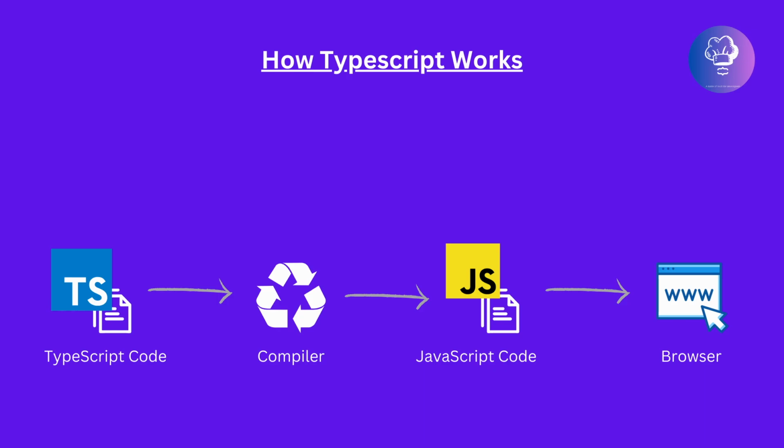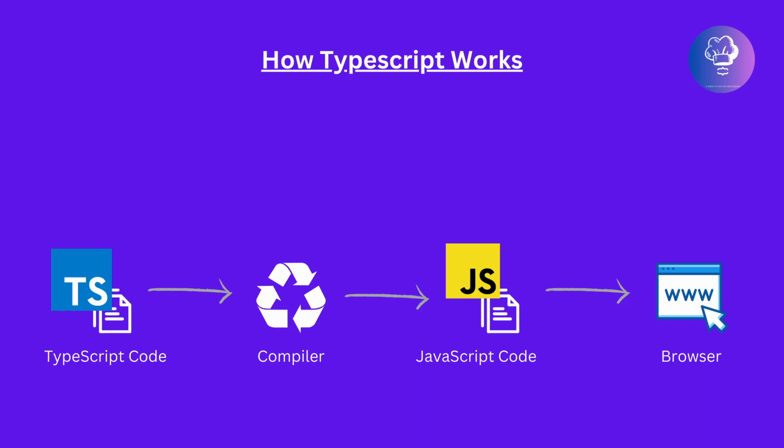It's going to do its magic internally. You don't have to know what's going on internally, and by doing that, it compiles your code into JavaScript code that the browser will understand.